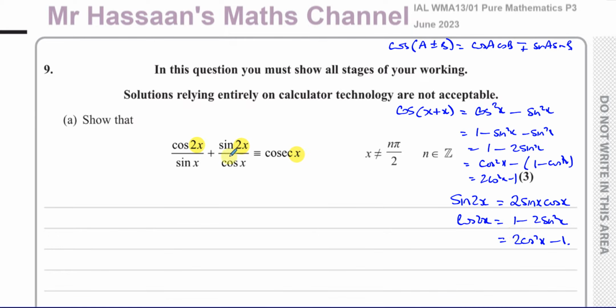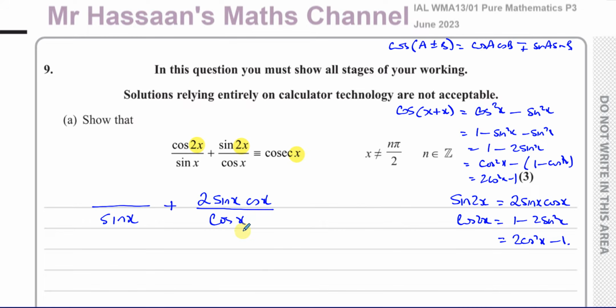Now, as I said, for this one we have no choice. So I'm going to write this as 2 sine x cosine x over cosine x in the denominator, and here we've got over sine x. We can rewrite the cosine 2x in either one of these two ways. Now we've got to think of the way that's going to help us solve this problem.